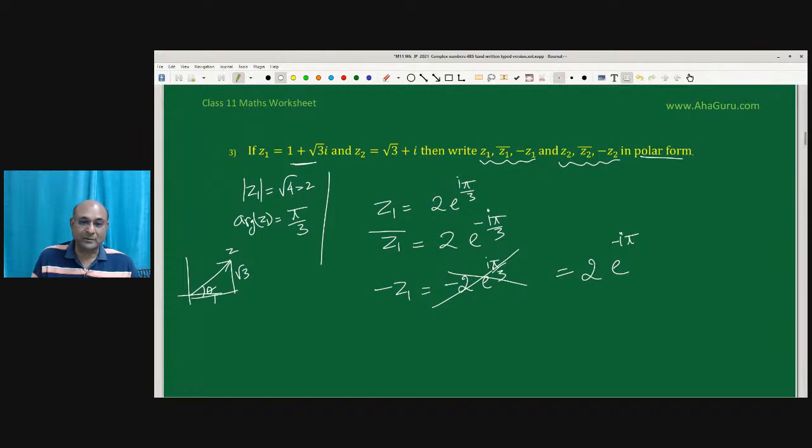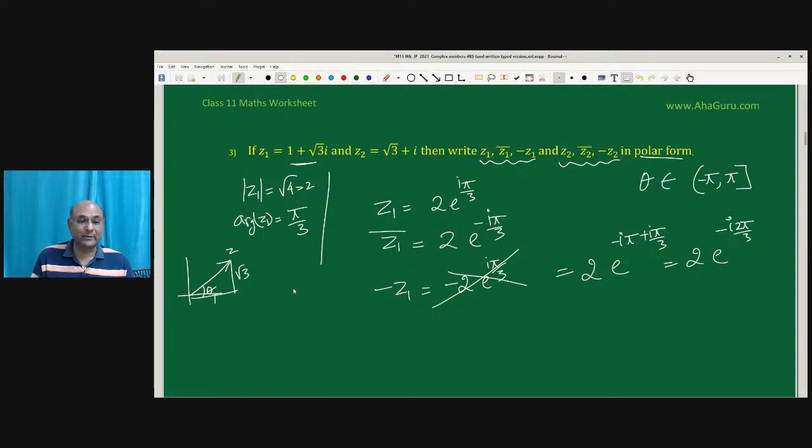In this case, because this is a positive angle, minus i pi will make it between minus pi and plus pi. Remember, your angle must be between minus pi and plus pi. Plus pi included, minus pi not included. So 2 times e power minus i 2 pi by 3.